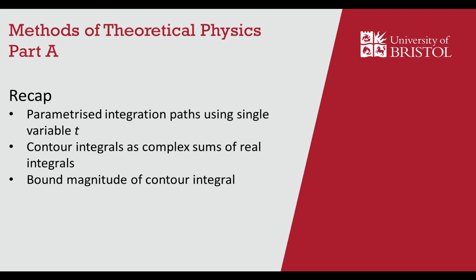We did that by breaking up the complex function f into its real and imaginary parts u and v, and also considering the line element in the complex plane in terms of its real and imaginary parts. We also looked at how to bound the magnitude of a contour integral, and we did that by considering the length of the contour in the complex plane, and also the maximum value that the magnitude of the complex function achieves along that contour.